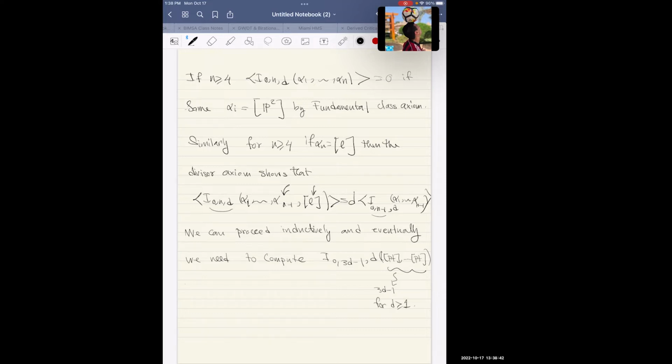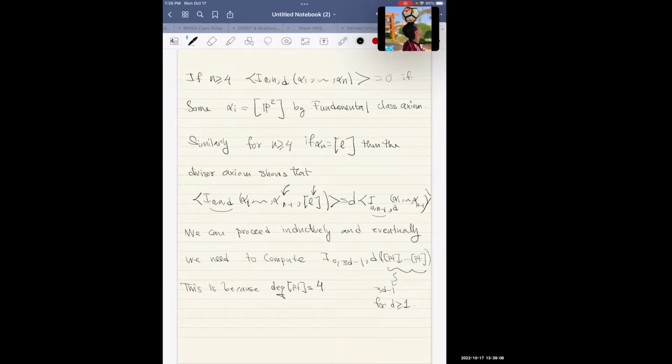And this is because the degree, by the way, of a point class inside P2, what is it? The complex codimension of a point in P2 is 2, so the real codimension of it is 4. So its degree as a class in real cohomology is 4.